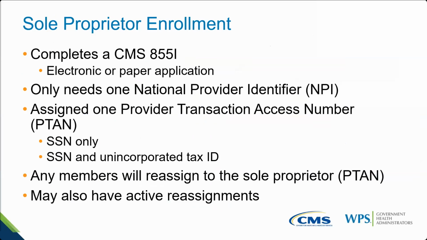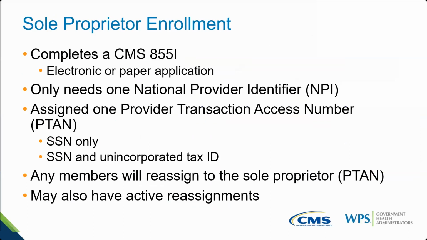So as I said, they're going to be assigned a PTAN, but they're only going to be assigned one. They have one NPI. They will only have the one NPI. They'll get one PTAN that will be under their Social Security number or a combination of the Social Security and unincorporated tax ID. Because the unincorporated tax ID does not establish a separate entity identity with the federal IRS, they can live in the same PTAN record.